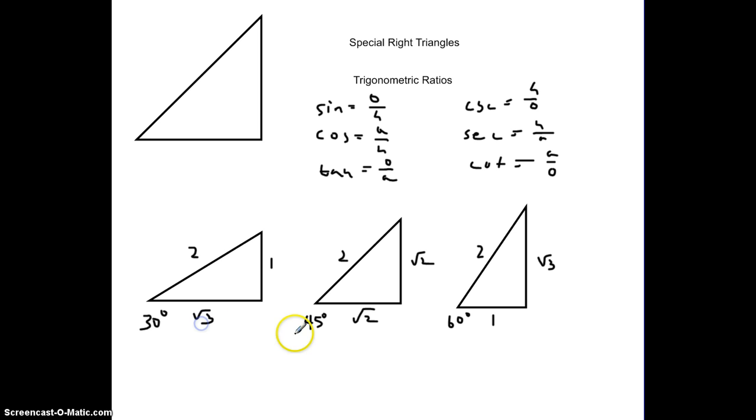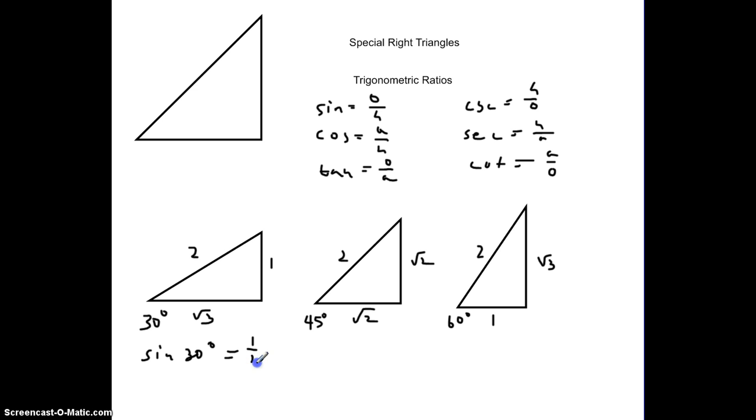And then we can find any of our 6 trig ratios using the special right triangles. So if we wanted to find the sine of 30 degrees, we could use the first triangle. Sine is opposite over hypotenuse, so we have the opposite side over the hypotenuse would be 1/2.